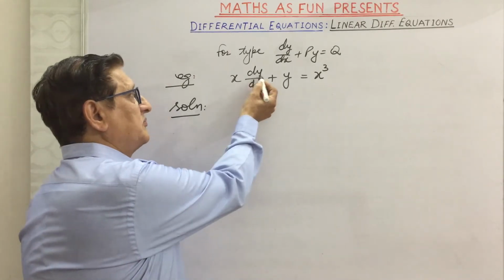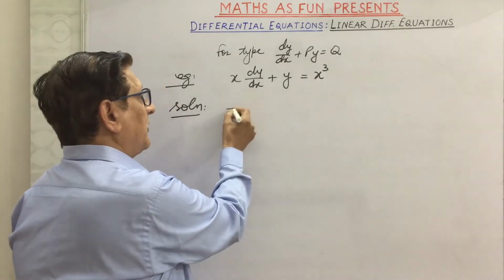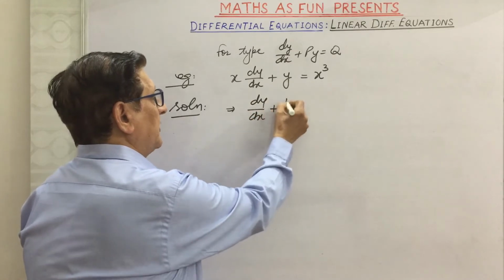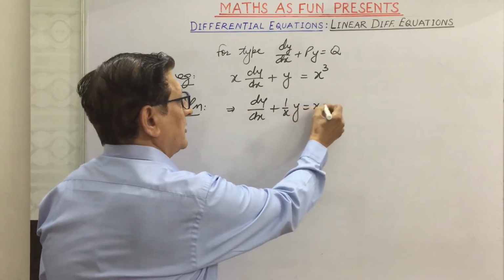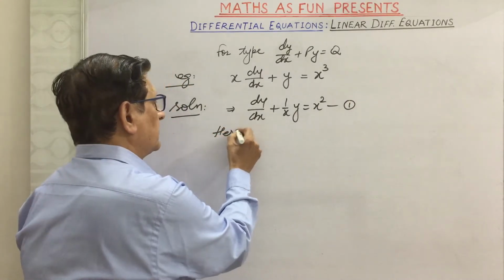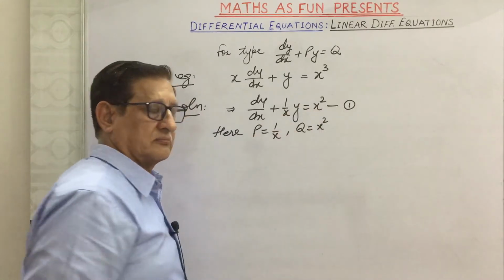Here we find x is multiplied with dy by dx, so we divide the equation by x. This will come as dy by dx plus 1 upon x into y equal to x square. Here we find that p is 1 upon x and q is x square.